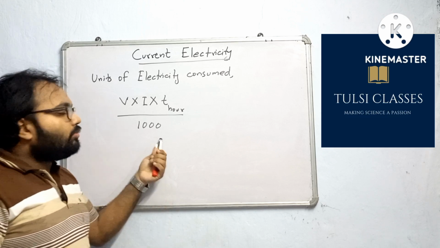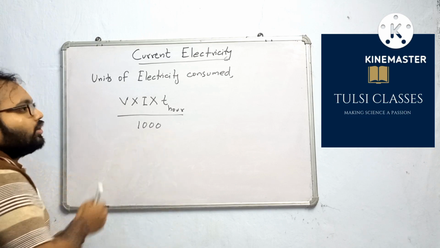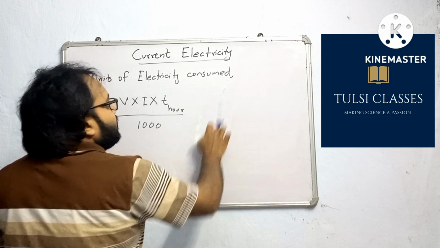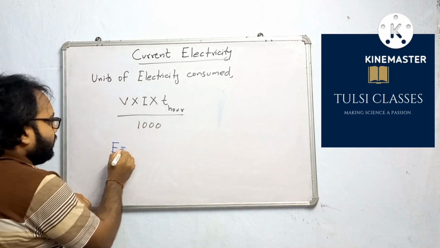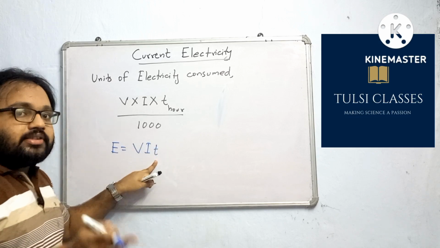If you want to directly remember the formula, you can directly remember. Some students want to know how this formula came, so for them I am telling something. See, VIT. What is VIT? Electrical energy is equal to VIT. But here T was in second, as you remember.